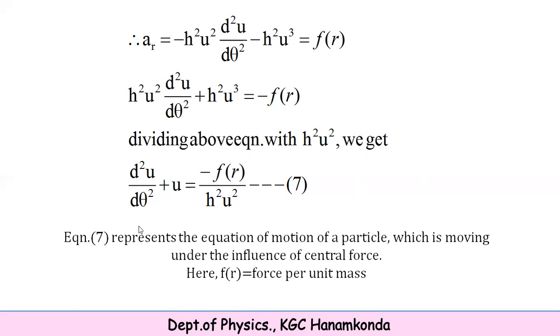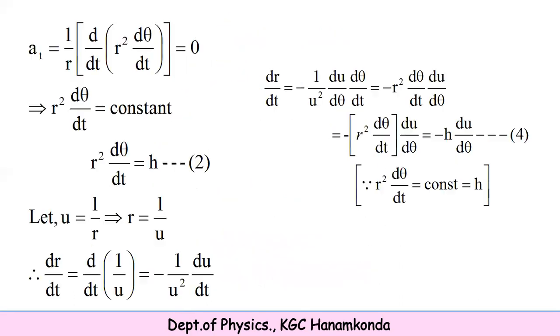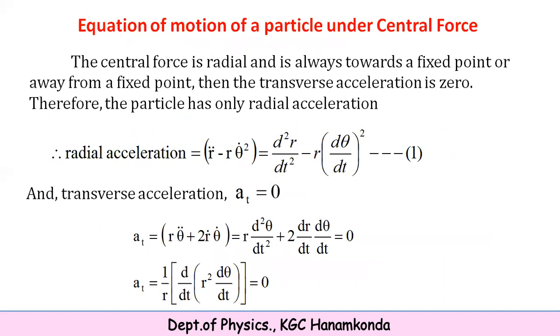This equation represents the equation of motion of a particle moving under the influence of central force. Here this f of r is force per unit mass. This is a very important derivation. So first we arrived at the radial acceleration and equated transverse acceleration to 0, because the particle is moving under the influence of central force.